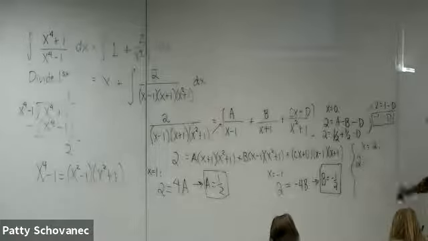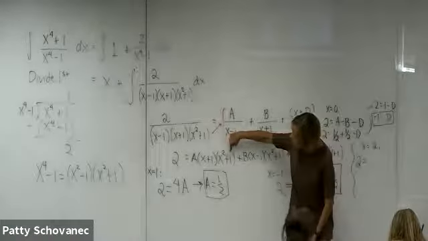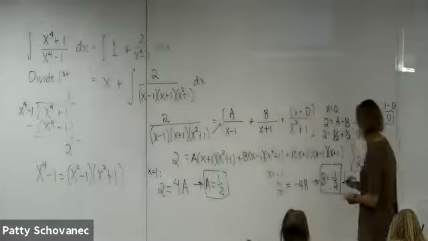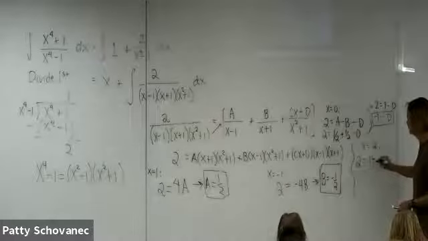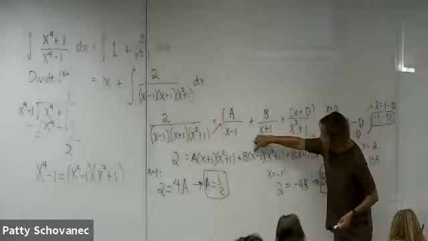I have 2 is equal to, let me start here. 4 plus 1 is 5, times 3 is 15A. x is 2, so that's going to be a 1.